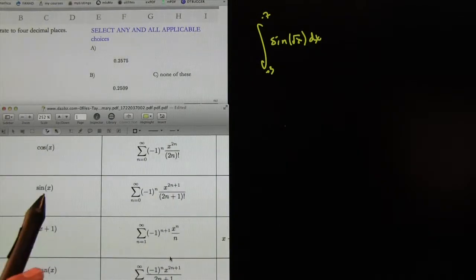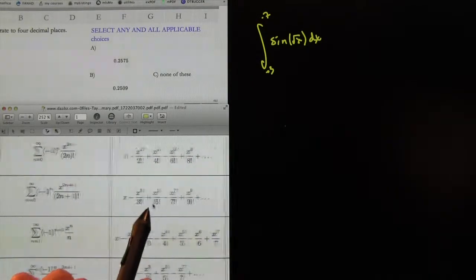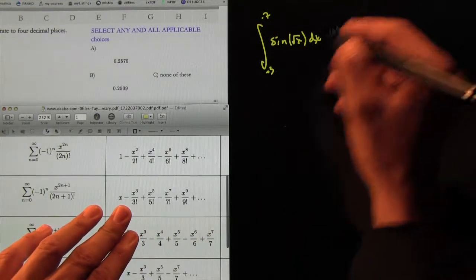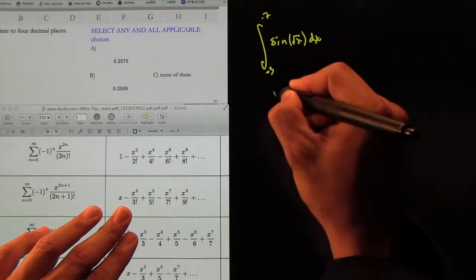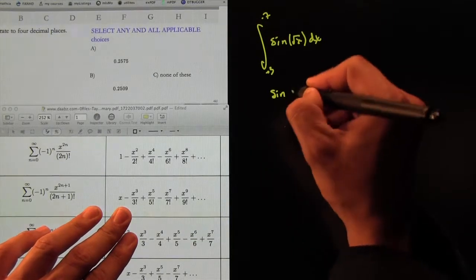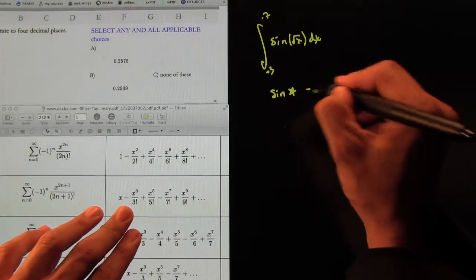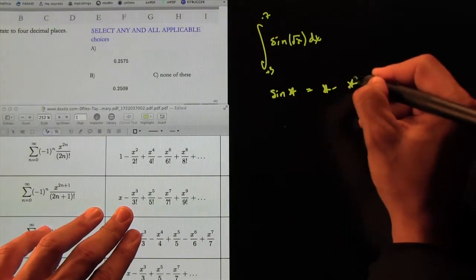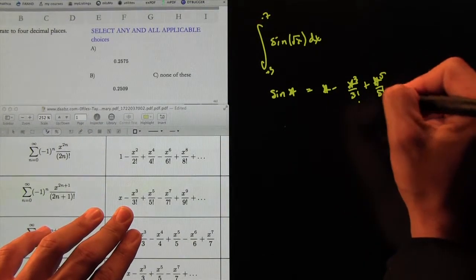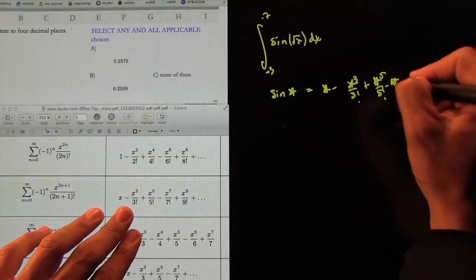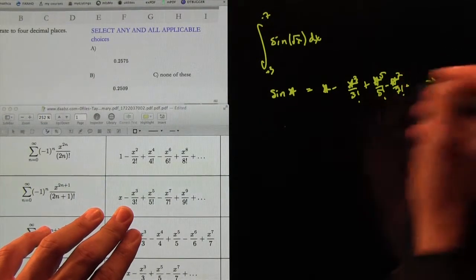So here's this famous sine polynomial. It looks like this. Sine of blah is equal to blah minus blah to the 3 over 3 factorial plus blah to the 5 over 5 factorial minus blah to the 7 over 7 factorial, and so on and so forth.